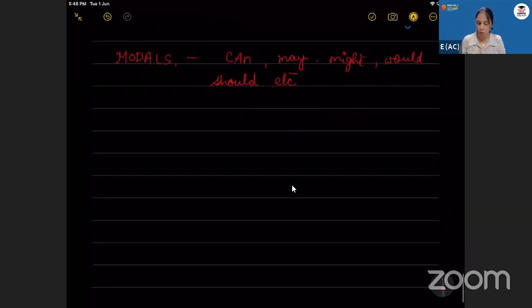Just you need to do one thing: just add be plus the third form of the verb, the past participle, and they are converted into passive voice.